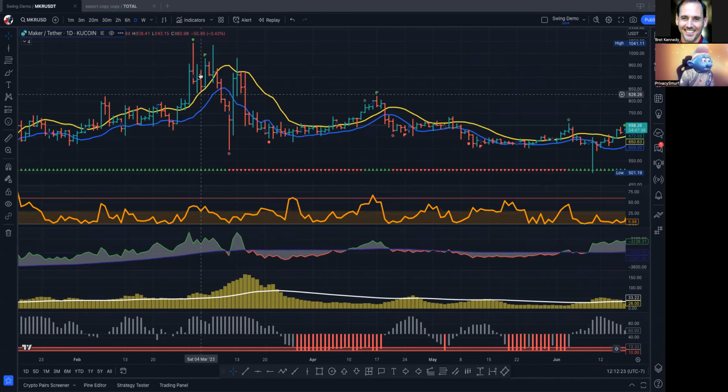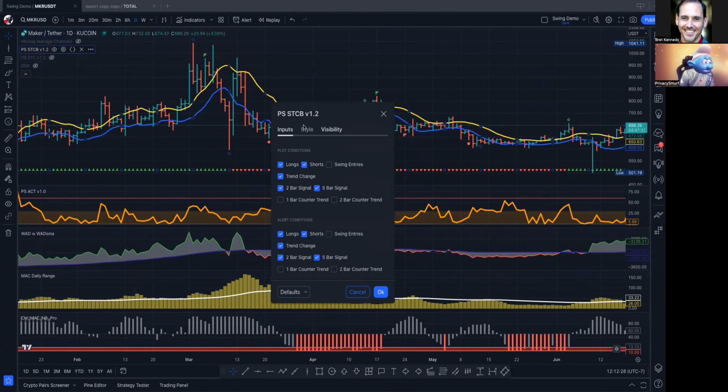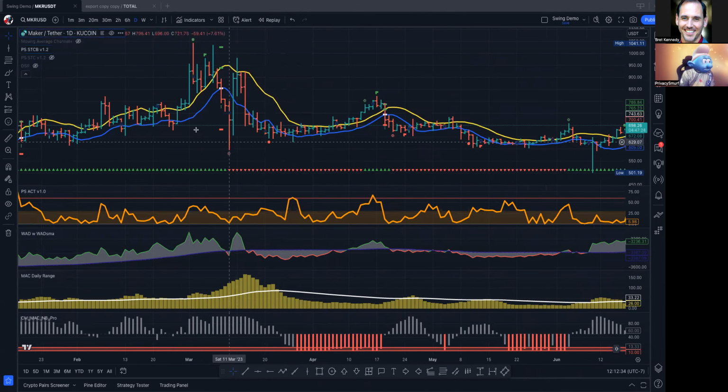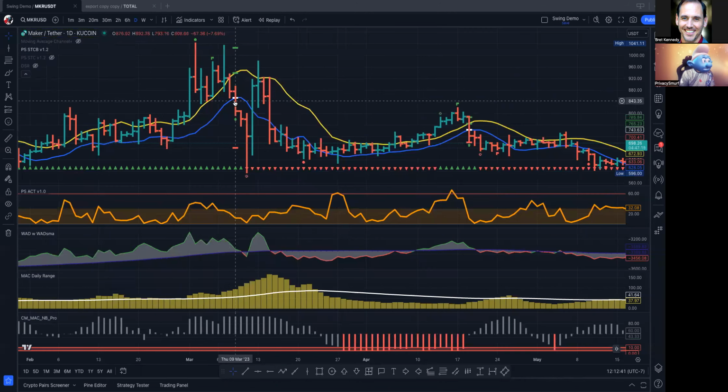It'll also have the entries, the take profits and levels on there. So this would have been an entry, and the band would be your first target. This is your stop loss, and it didn't close below, so you weren't stopped out. It would have been hairy. You would have been sweating, but then it swings back up and smashes your profit target right there.